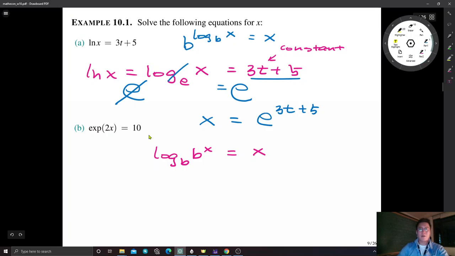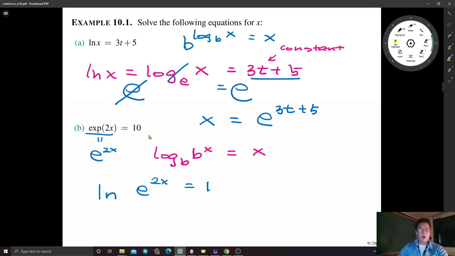So using this, we take a logarithm with base e, that is ln. The exponential of 2x is e to the power 2x, and that is given by 10.